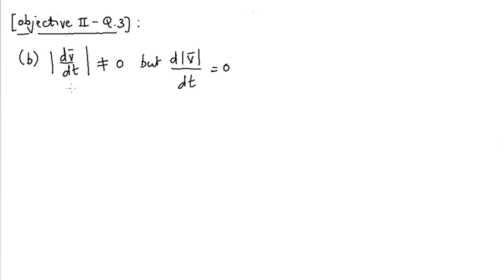Now to do that, it is necessary to understand the difference between the term modulus of dv bar by dt and d modulus of v bar by dt. They look the same, but they are two entirely different terms. To investigate the first term and to understand it well, look at the term which is inside the mod sign. So dv bar by dt, this particular term, is clearly the instantaneous acceleration of the particle.